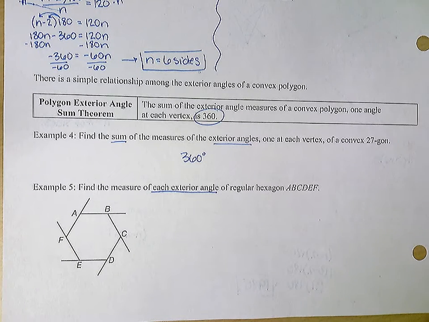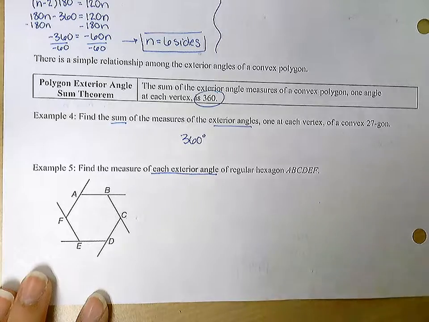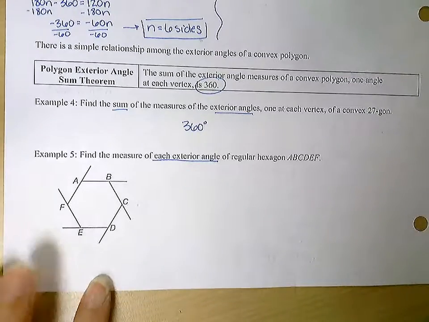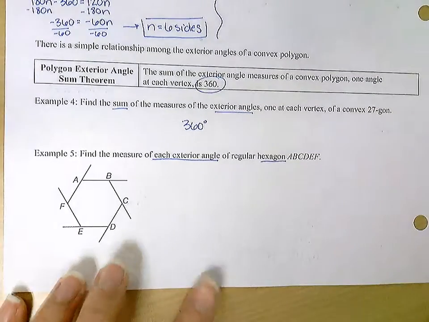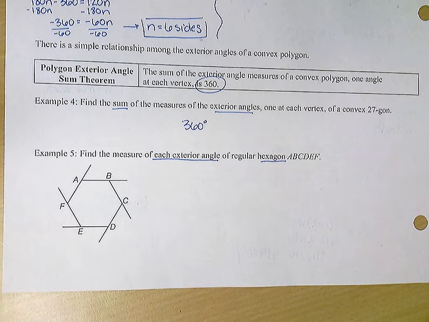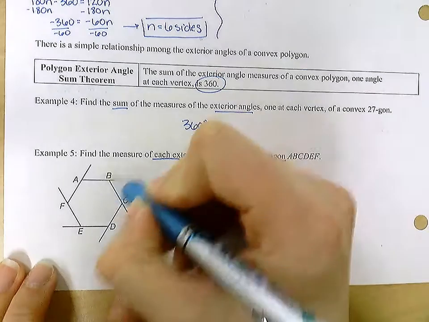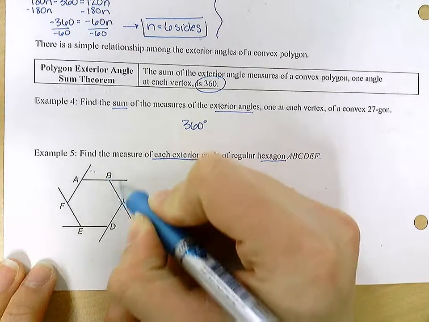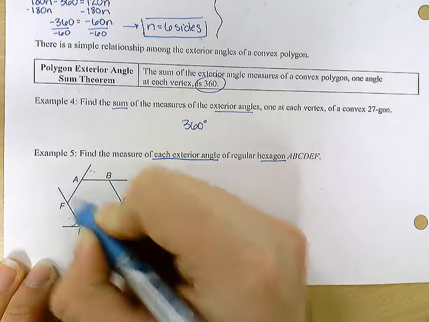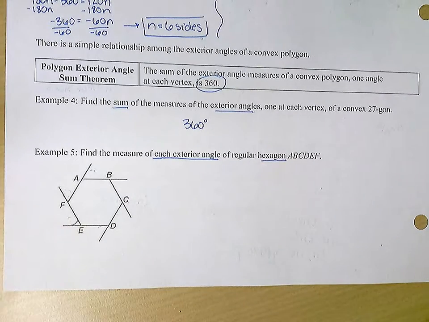But I can use that sum in order to find one of them. So in this polygon, it is a hexagon, meaning it has 6 sides, meaning it has 6 exterior angles. So you'd have one here, here, here, and here. Okay, there are 6 of them.